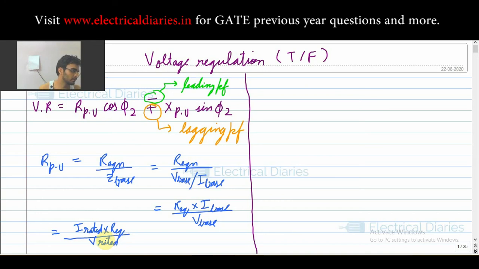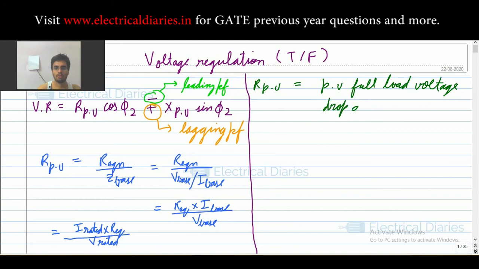Okay, so what is I into R? I into R is voltage, that is the voltage drop. So what we can say is that your R per unit is the per unit full load voltage drop across resistance.